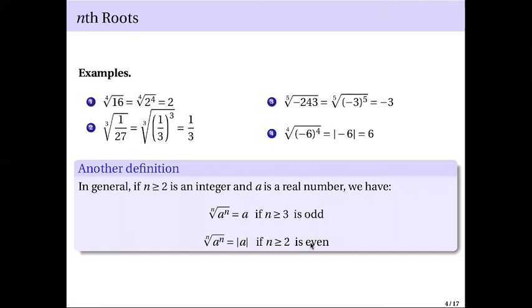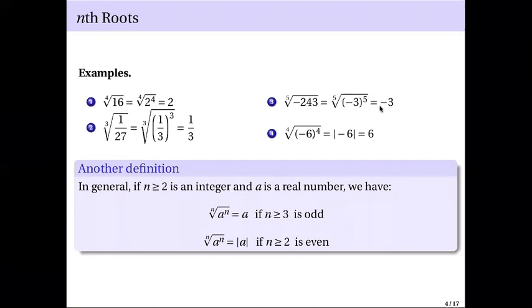Okay? So intuitively, it's like you are canceling the root and the power. Okay? You are just canceling the root and the power. So you have fourth root here, to the 4, you get 2. You have cube root here, you have 1/3 to the power 3, you'll just get 1/3. Okay? In here, you have fifth root and you have negative 3 to the power 5.